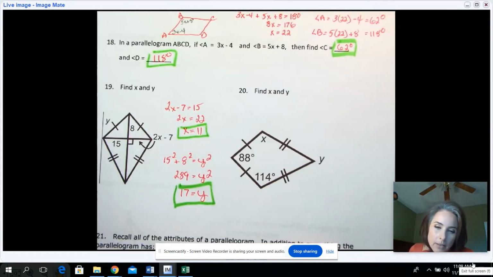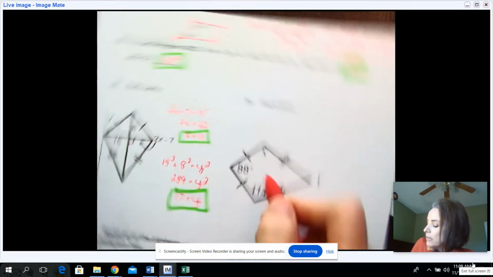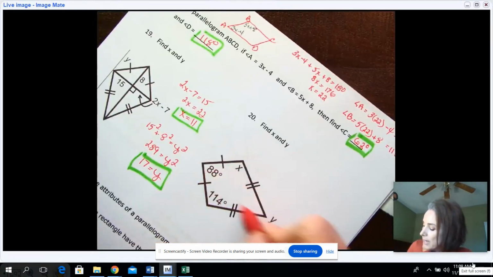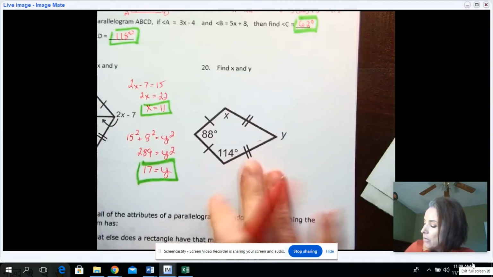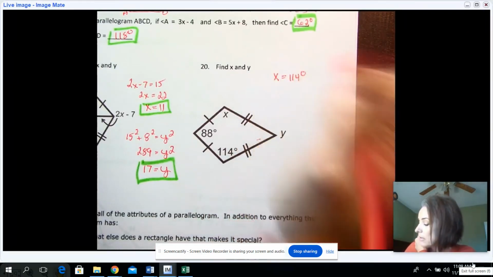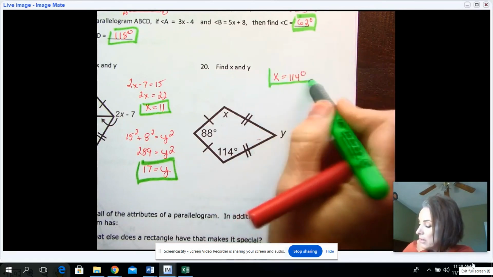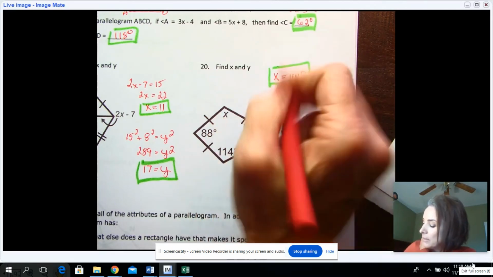All right, the other thing we need to know is that on a kite, the opposite angles of the short diagonal are congruent. So here's the long diagonal, here's the short diagonal. So these angles are congruent. So we know angle X has to equal 114 degrees also. And then we also know, since it's a quadrilateral, all four of them have to add up to 360.